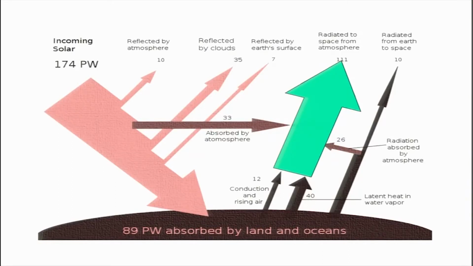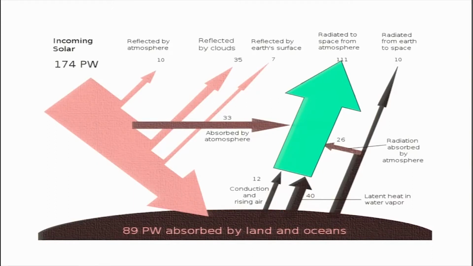Out of 174 petawatts, 10 is reflected by the atmosphere, 35 petawatts is reflected by the clouds, and then Earth's surface reflects about 7 petawatts, and the remaining is absorbed by land and oceans, and of course 33 is absorbed by the atmosphere. And out of this 89 which is absorbed, you have 12 that goes away via conduction as well as by rising air, and then 40 goes as latent heat in water vapor, and then we have the third portion which is about 36.